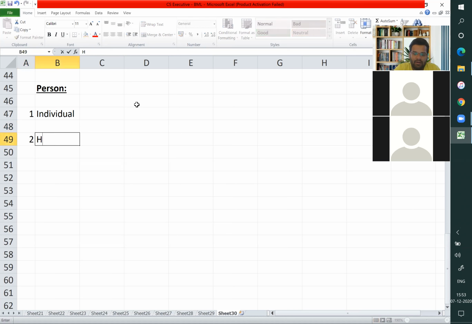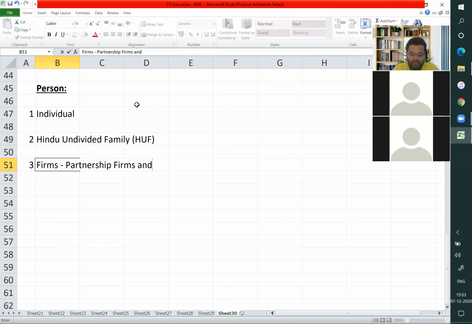Then there is a type of assessee, Hindu undivided family, which we can call HUF. So individual, HUF, firms. Firms means partnership firms and LLP. Do you know what LLP is? Limited liability partnerships.